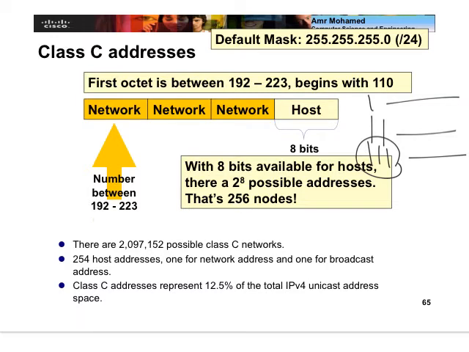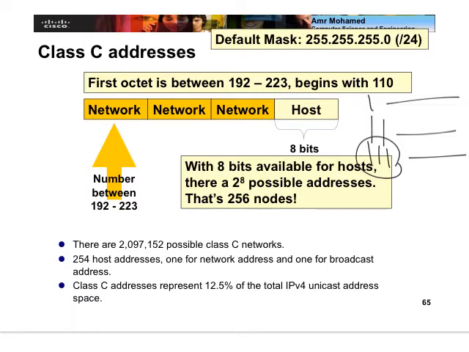192 is 1, and then you change any of this, right? If you change any number here and you change all these numbers, how many bits do we have for the network part? 24 minus 2 bits, so 22. So this number is 2 to the power 22 networks.